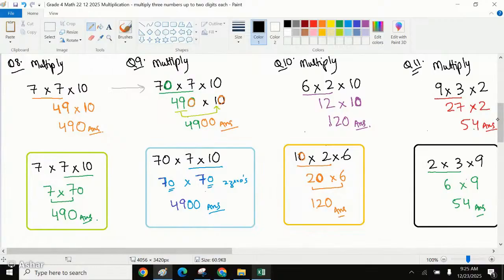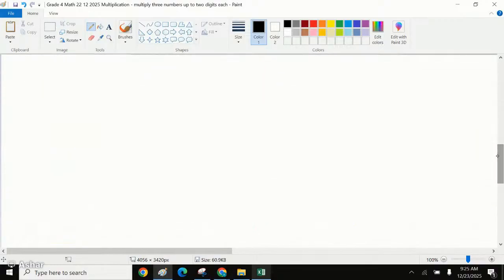Question number 16. We'll try the test questions also. We'll do the maximum number of questions from the test so that the remaining you can solve yourself. Multiply 8 multiplied by 9 multiplied by 8. Okay. Or we can write this question also as 8 multiplied by 8 multiplied by 9.